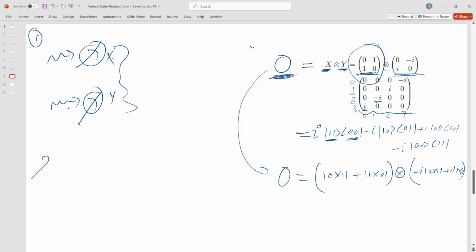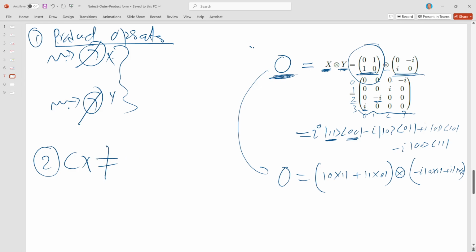And then there is a second set of two-qubit operations. So this is, you can say, the product operator, and then for example the control X gate. The control X gate cannot be written as just some gate on one qubit and some gate on the second qubit.